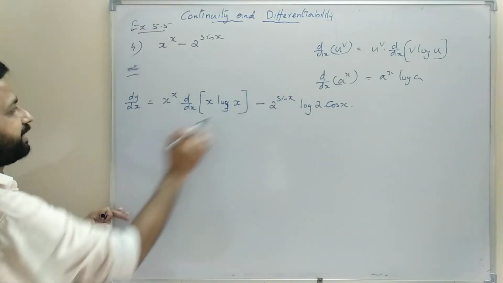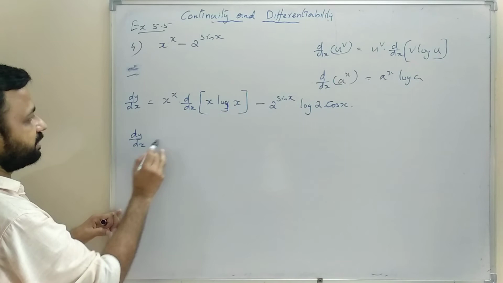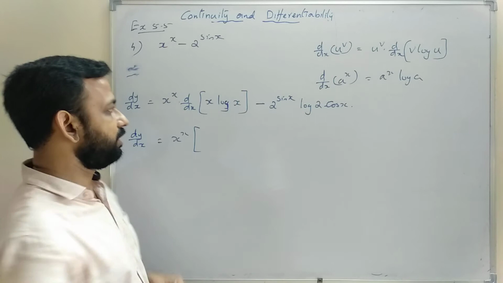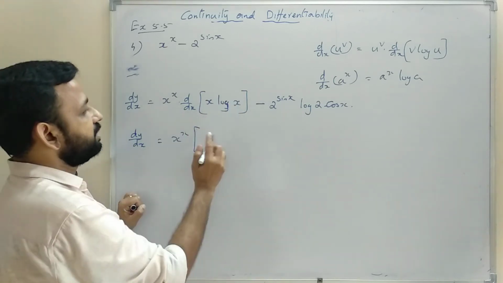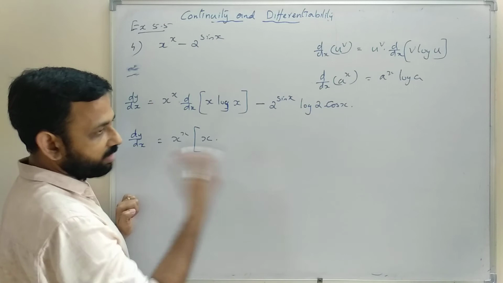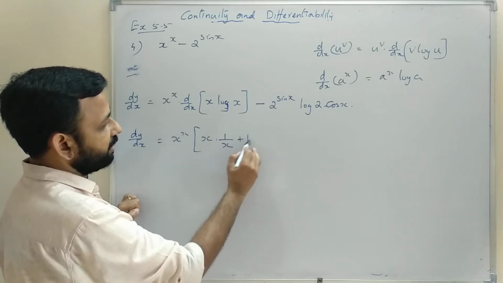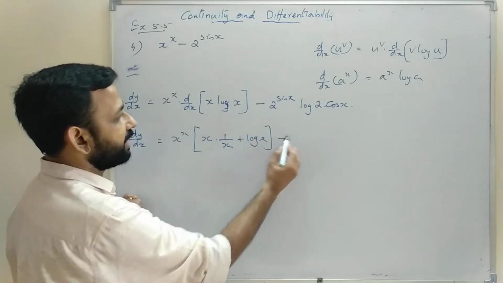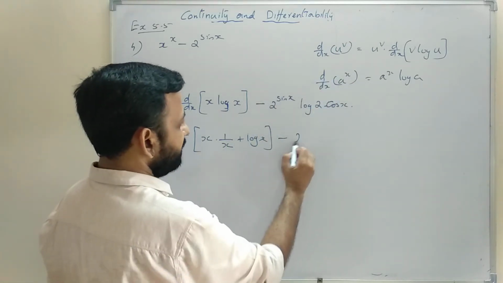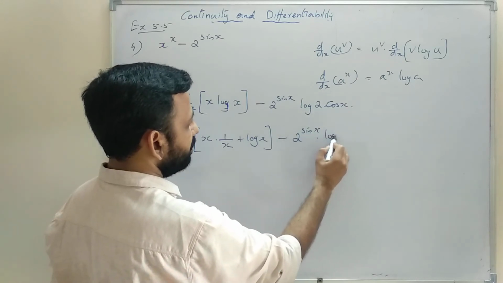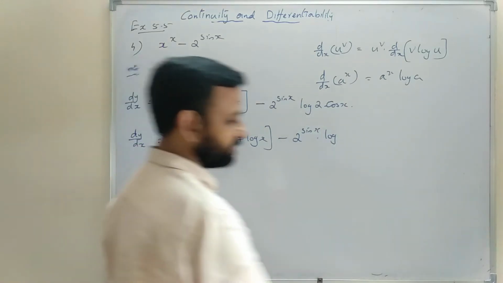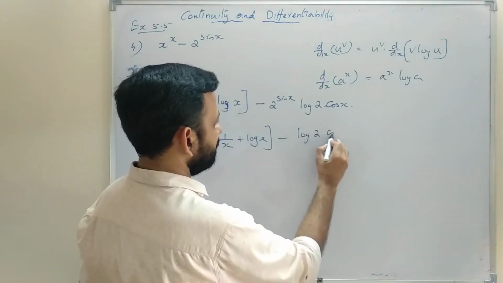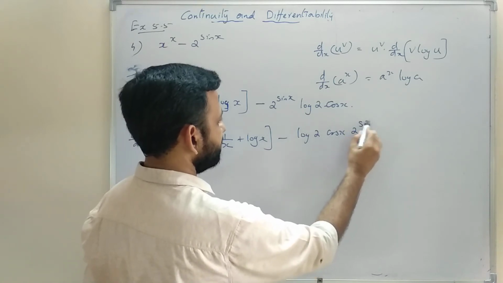Now here we have to find the derivative, that is dy by dx is equal to x raised to x. Now we can apply the product rule. We have two functions, x and log x. So first function into derivative of log x, that is 1 upon x, plus log x, second function, into derivative of x with respect to x, that is 1, minus the same differentiation of 2 raised to sin x into log 2 into cos x, or we can write log 2 cos x into 2 raised to sin x.